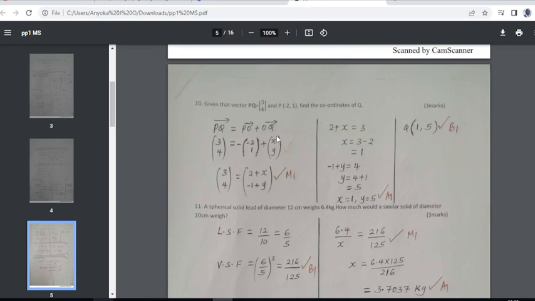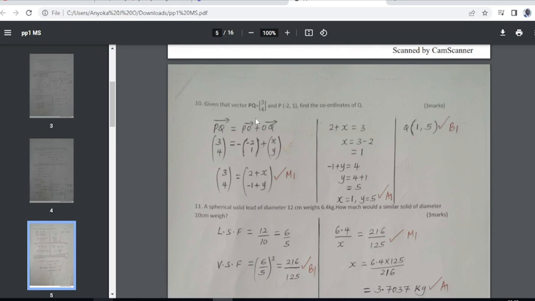Question 10 is a question on vectors, and it says, given that vector PQ is equal to (3, 4), and P is (-2, 1), find the coordinates of Q. There's something we call position vectors.